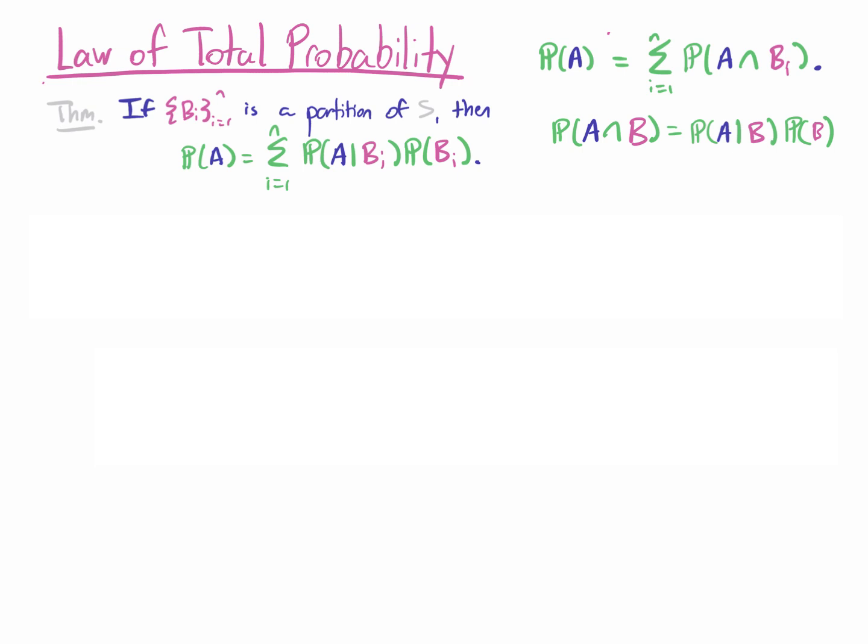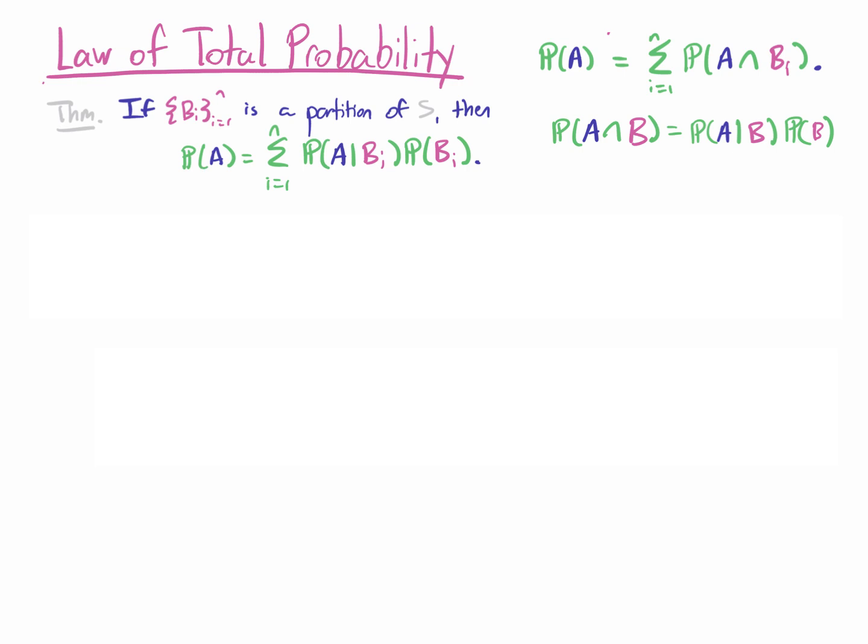Each term is just the same as the probability of A and B, but we've used this formula to break them down one more step. So I sum up over all the possible choices the probability of A given Bi, times the probability of Bi. And all of these together give me the probability of A.